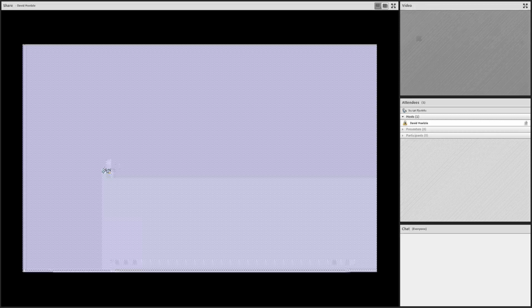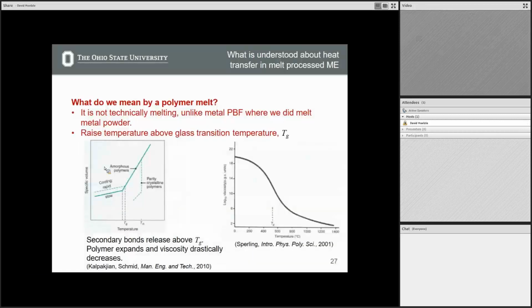So this is a really simplified version of what glass transition temperature looks like. This is specific volume, a measure of density, right? If you have some sort of material and you heat it, you get an expansion of the material, which goes in kind of a linear fashion.